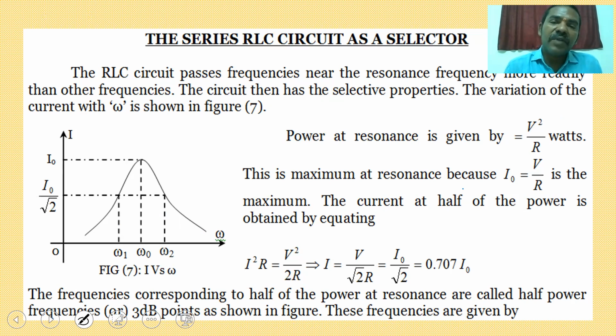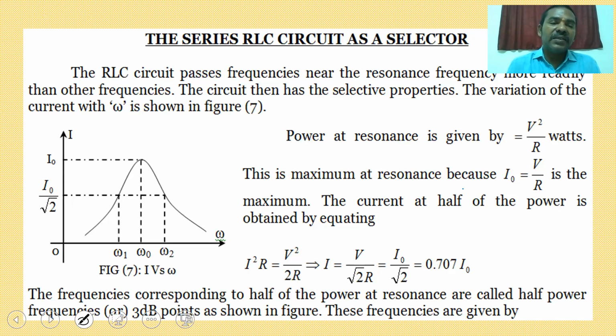The waveform you have to choose is the current waveform, because for a series RLC circuit the current must be constant. The voltage drops across the inductor, capacitor, resistor and your supply voltage differ, and the total voltage must be equal to VR plus VL plus VC.